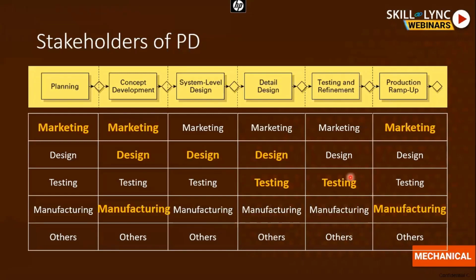So here the testing department will put their full efforts to find out whether the product meets the market requirements, and if it doesn't meet, give feedback to the design team, get some design solutions, get it updated and do the testing again. And everything should be done within the planned timeline. That is the key for product development.